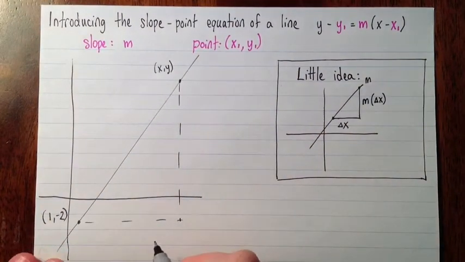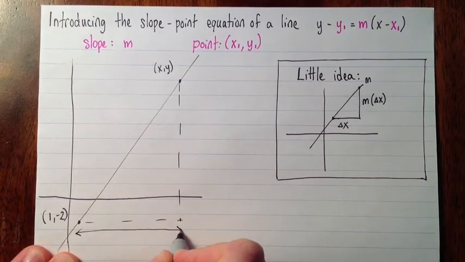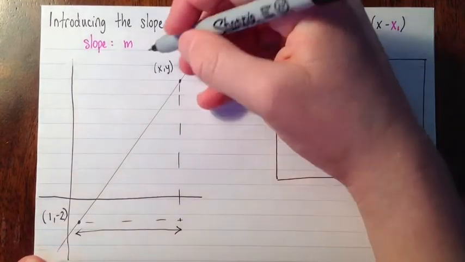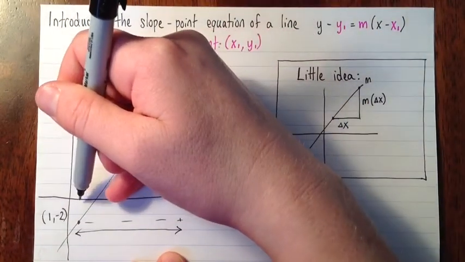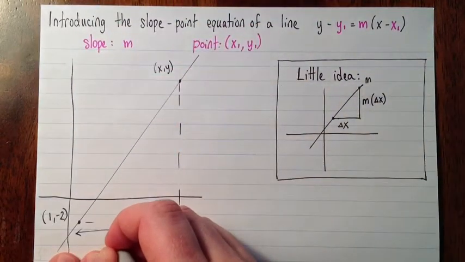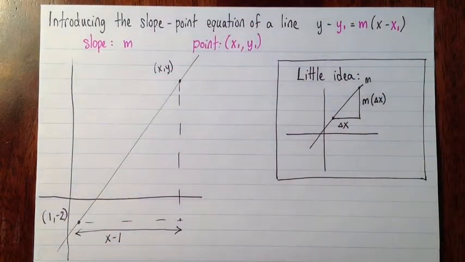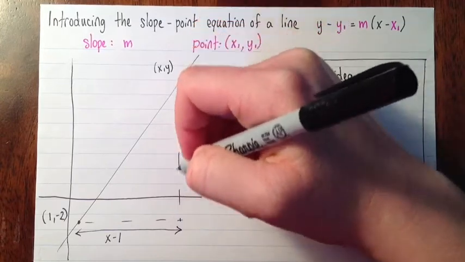If we look at the length of the base of the triangle here, how long is that? Well, the x value here is x, and the x value here is 1. So it's x take away 1. And if we look at the height here, how long is this?